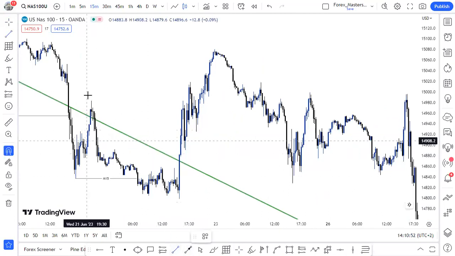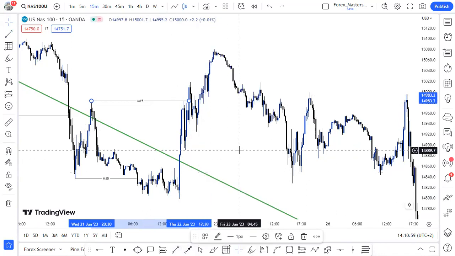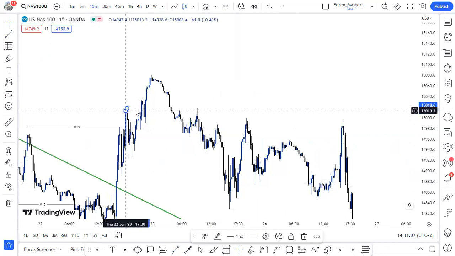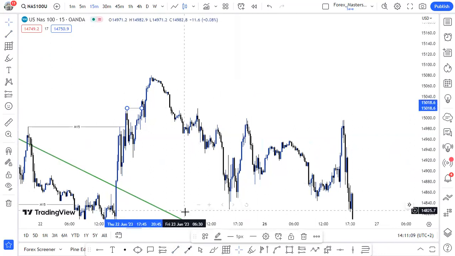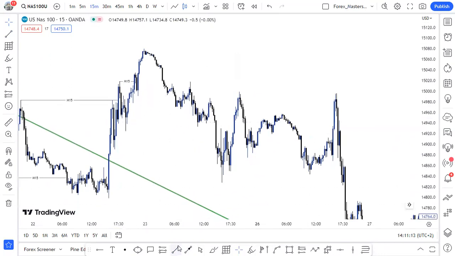Then we also broke structure to the upside. Here, price became a little bit messy, but let's see, okay. We broke structure again to the upside. So it became bullish, then we became bearish right here.